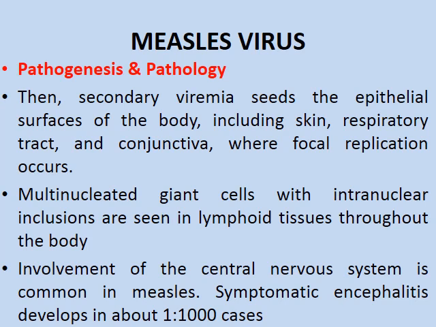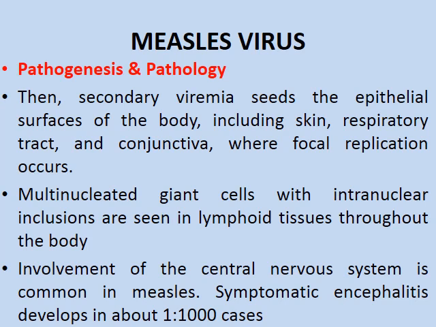The virus produces, as a second point, multinucleated giant cells with intranuclear inclusions seen in lymphoid tissues throughout the body. Why do we see multinucleated giant cells? Because the virus has fusion proteins. Fusion protein causes multinucleated giant cells.